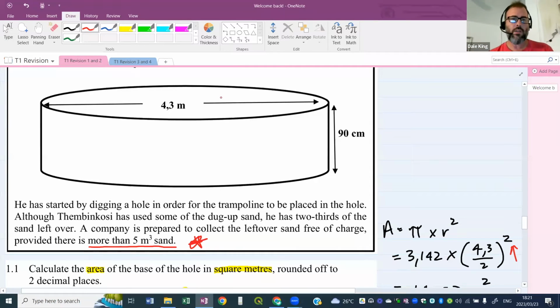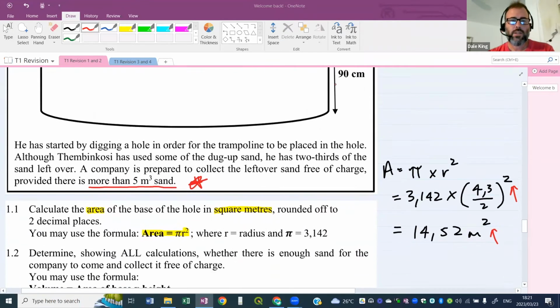And if you have all the dimensions here, we've got area of a circle, which is 2 dimensions, and then we got height, which is a 3rd dimension. This is 3D. So 3D is volume. Okay, so the volume of sand needs to be accounted for here. And then we're going to check 2/3 of that volume and see if it's above 5 cubic meters. If so, he can ask the company to come and take it. All right.